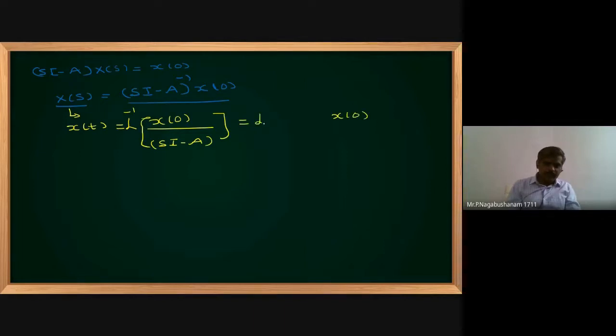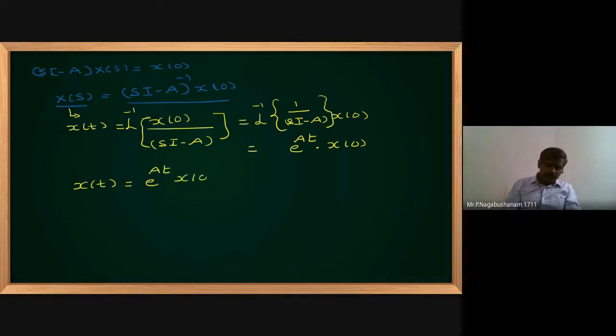Then L inverse of 1 by (sI minus A) is nothing but e power At. Then outside is X(0). Very, very important. Finally, I got the solution of the state equation: e power At into X(0).